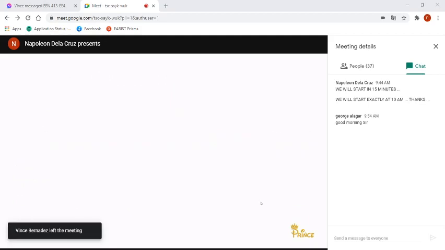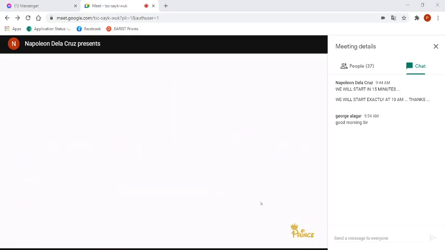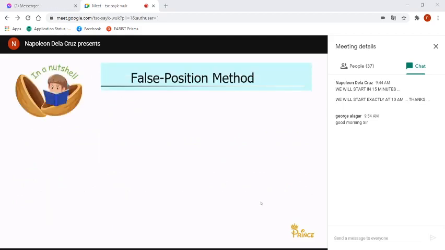These are just part of your readings. These are just the procedure. Anyway, I dissected it and summarized it into the following procedure. The first one is to solve for f(x) equal to 0.